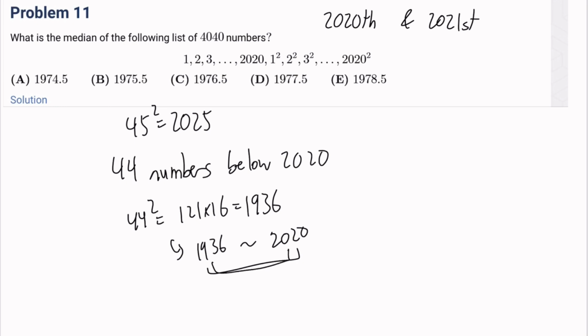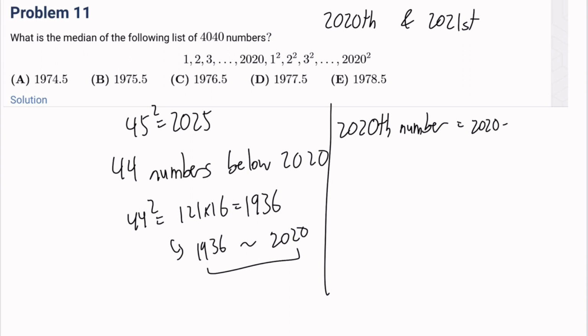And this is more than 44 spaces, and so we can safely say that the 2020th number is going to be 2020 minus 44, and this is 1976, right?